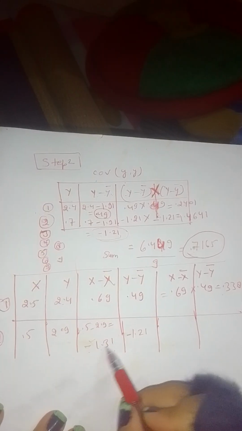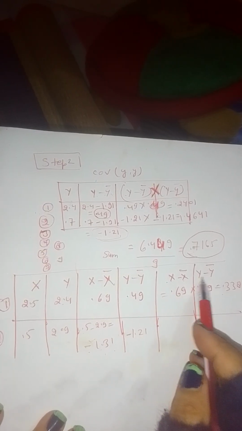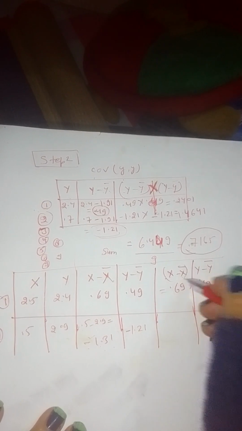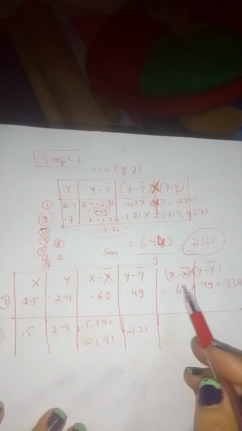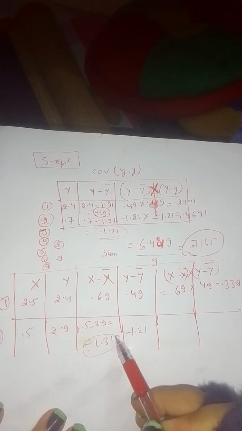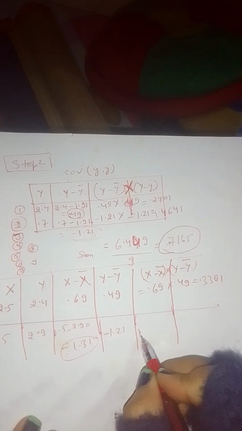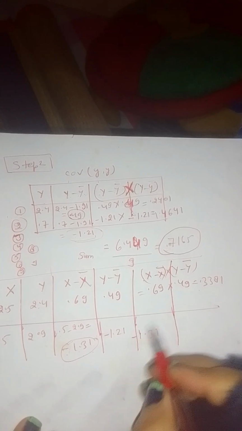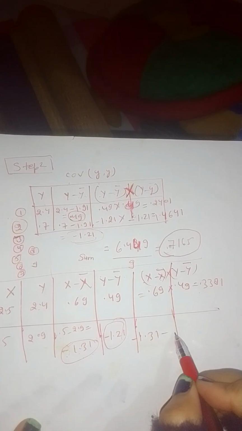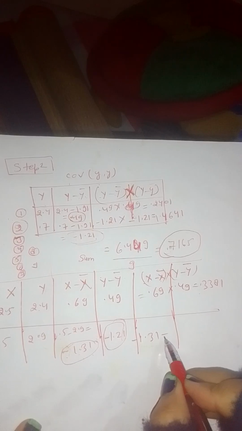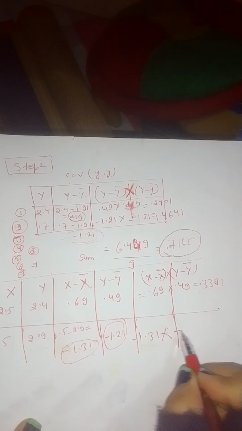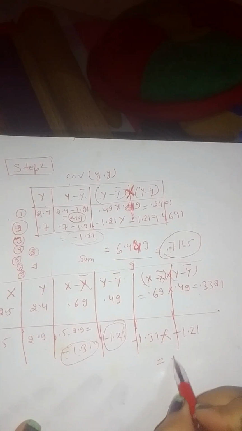After that, for x minus x bar and y minus y bar, we have to multiply here. So what is x minus x bar here? It is minus 1.31. And what is y minus y bar here? It is minus 1.21. So what would be the final outcome? It would be positive.